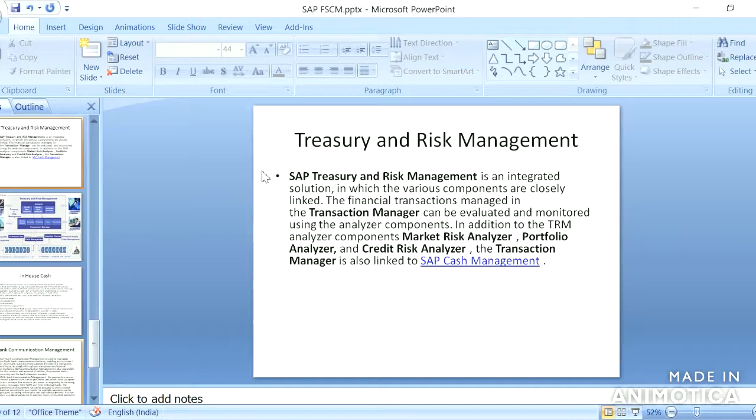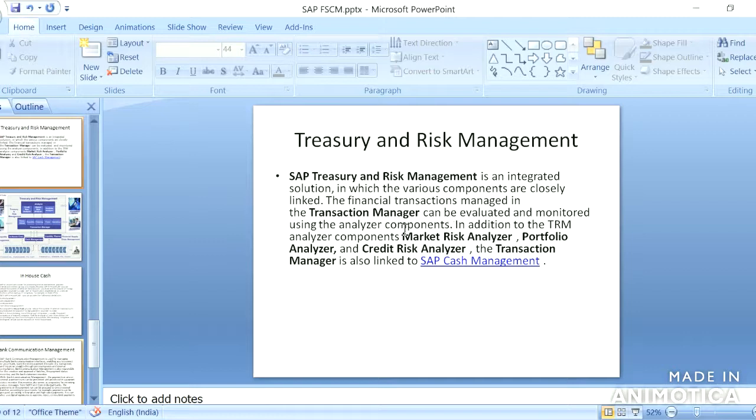SAP Treasury and Risk Management is an integrated solution in which the various components are closely linked. The financial transactions managed in the transaction manager can be evaluated and monitored using the analyzer components.